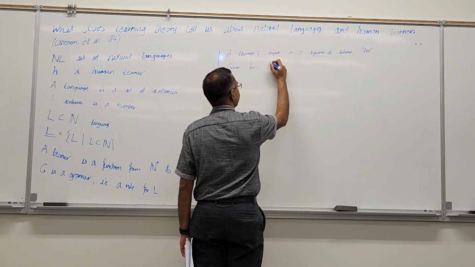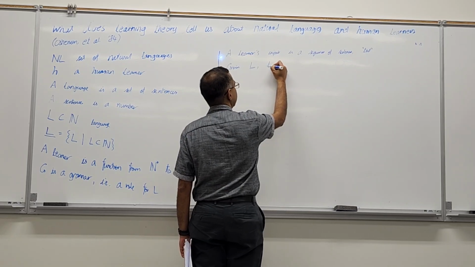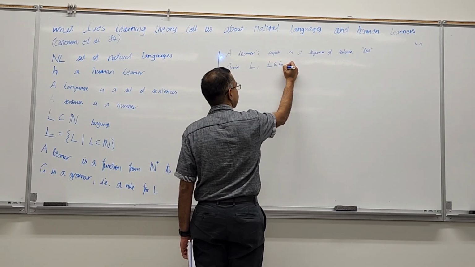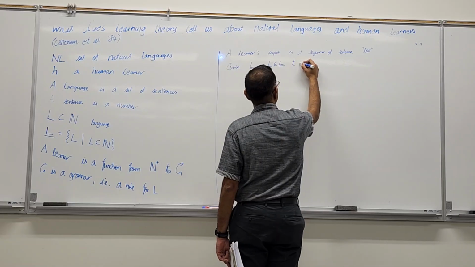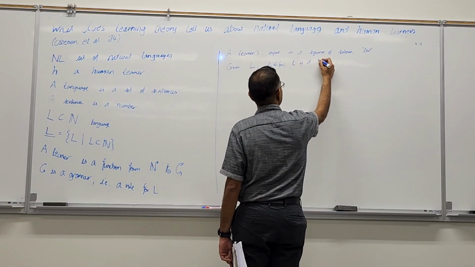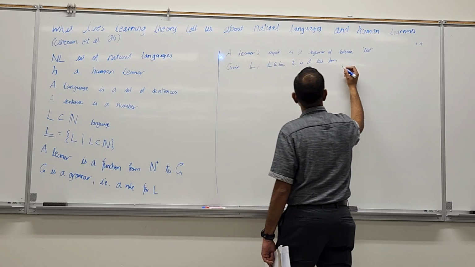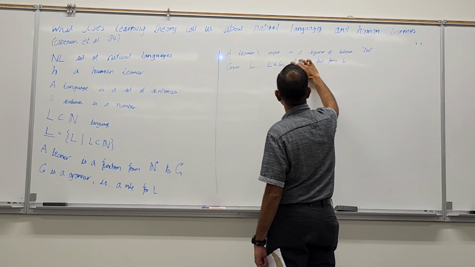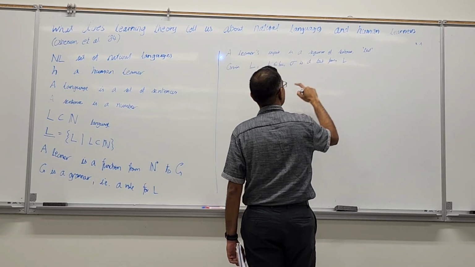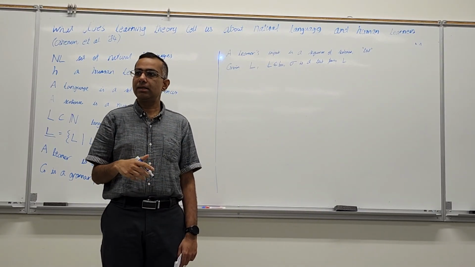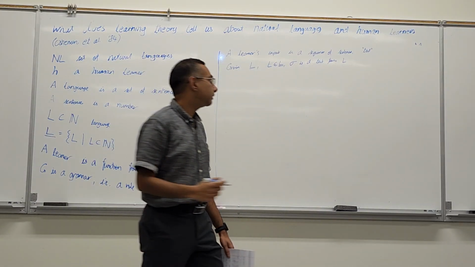and then there's some L in this collection, and then P is a text from, maybe I'll call this sigma, so that's what we call it in the paper. So sigma is the text from L, and that just means that all the elements of sigma are in L, right?